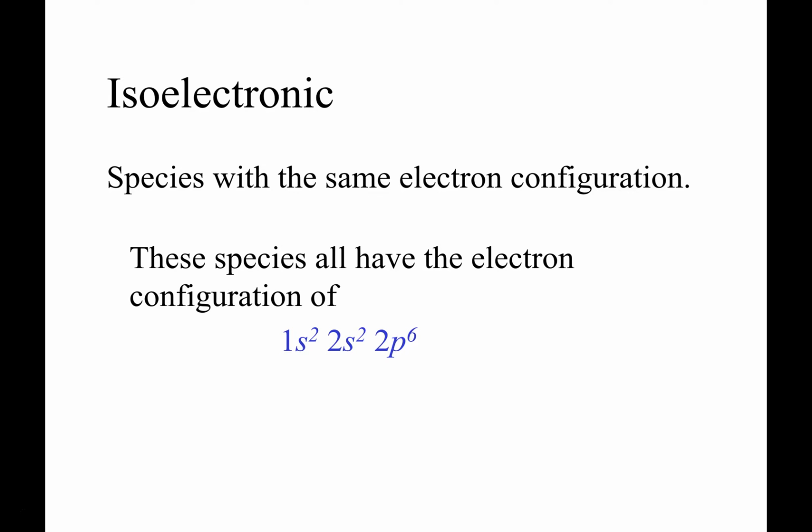So if we kind of pick on neon, what happens here? Well, the nonmetals are going to pick up electrons to be like neon, which is in period 2. And the metals in period 3 are going to kick off electrons to be like neon. So as it turns out, these are all isoelectronic with neon.